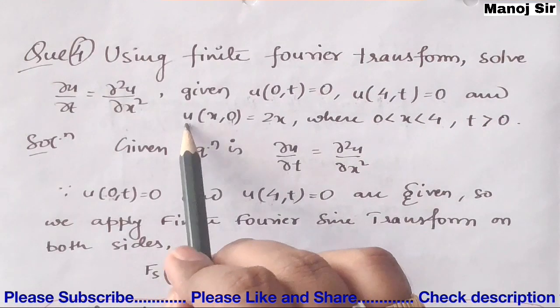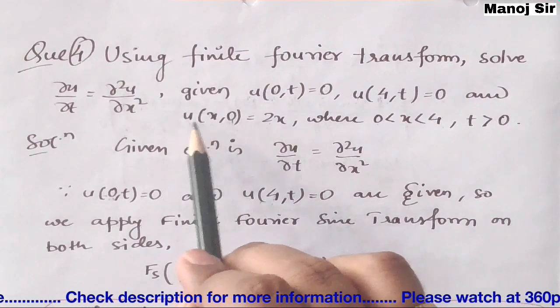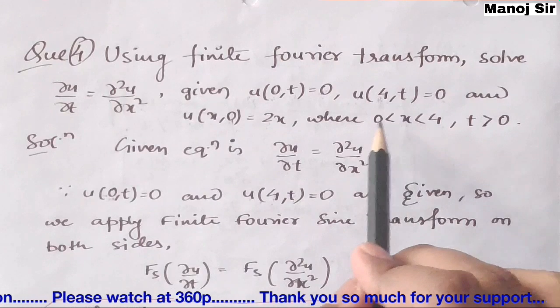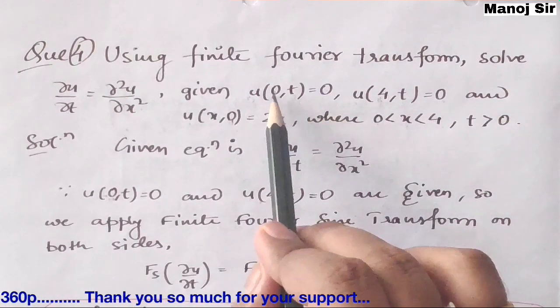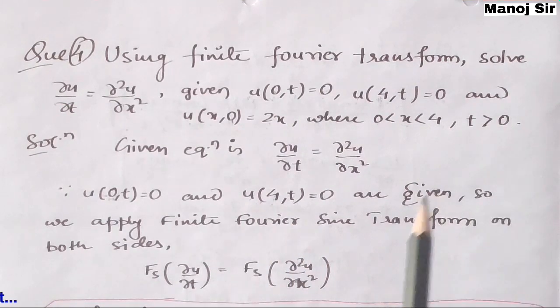And u at t equal to 0 is 2x, where the range of x is from 0 to 4 and t is greater than 0.